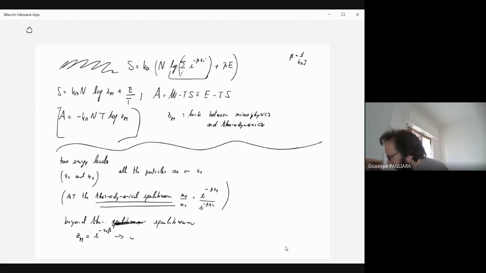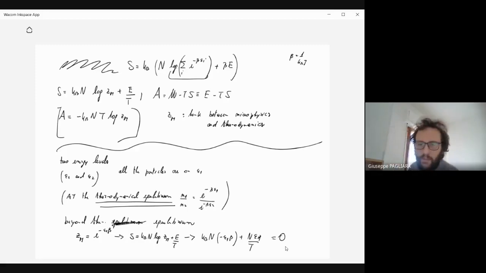And now if you compute by using the formula of the entropy, which was K_B N log of Z_N plus E divided by T, if I just substitute this, what I get is K_B N, then I have the log of Z_N, which is minus epsilon 1 beta, plus E, which is N epsilon 1 divided by T. And of course now this must be 0 because beta is 1 divided by K_B T, K_B cancels and then it is equal to 0.